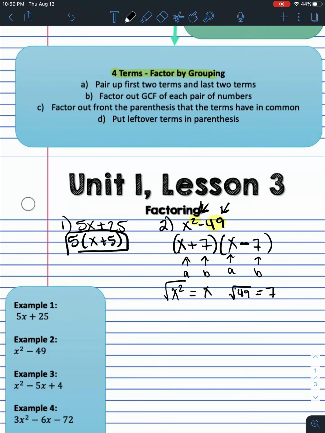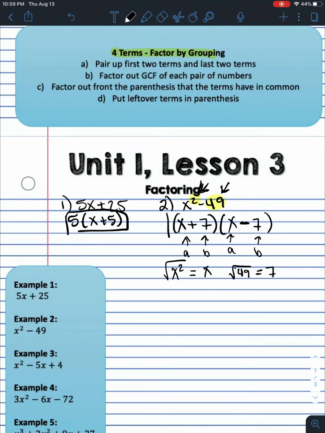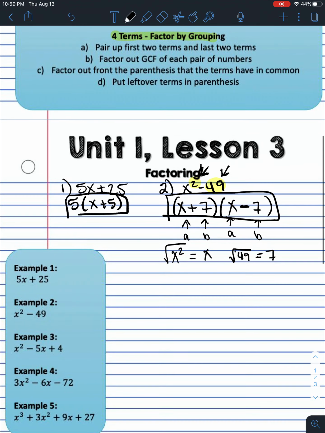So this is our answer, we're finished. Figured out what a and b are, and we've put them in their place. But I just want to check our answer really quick, okay?